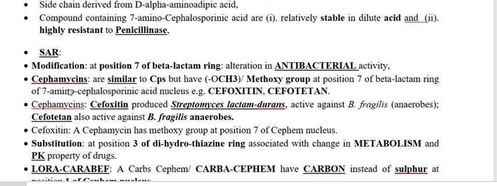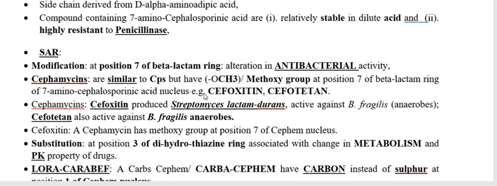So what is cefamycin? Cefamycin is the antimicrobial agent in which we put the methoxy group OCH3 at position 7 of the cephem nucleus.